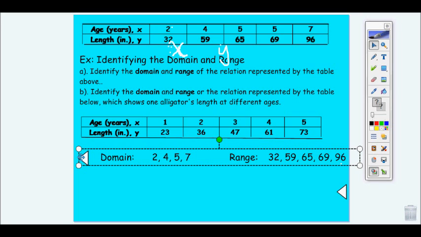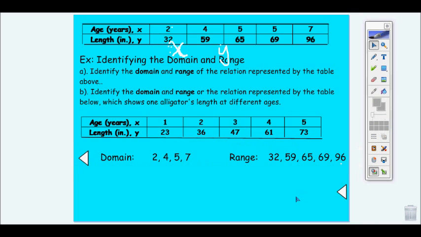In the next table, again, the table is organized in numerical order, and I have all different domain values, so I will list each one of them, 1, 2, 3, 4, 5. And then if I look at my length, that is my range or my y-axis, and I would list those in numerical order as well.